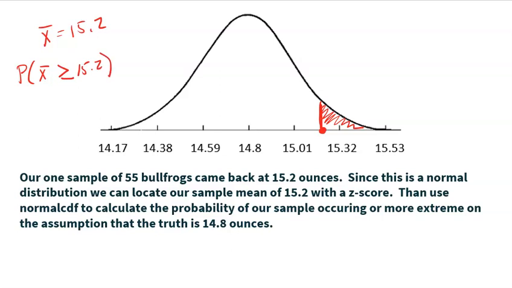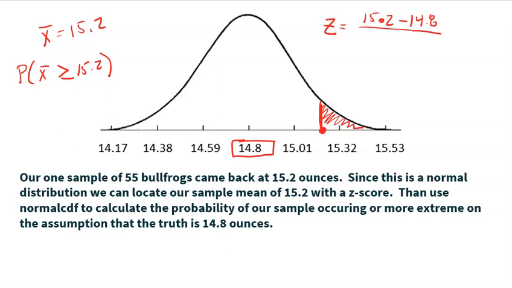Now, how do I do that? Well, I hope everybody knows, to utilize normal CDF on your calculator, you do need a z-score. So I'm going to take my 15.2, and I have to subtract the mean. The mean of this model is pretty clearly the center at 14.8. Now, I need to divide that by the standard deviation. So how can I find a standard deviation?